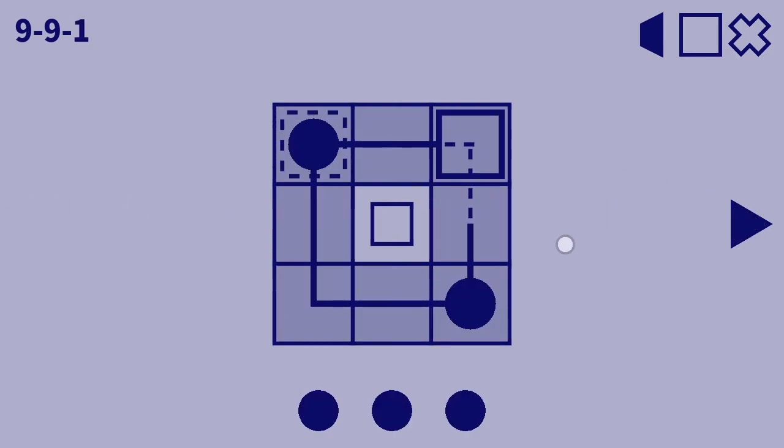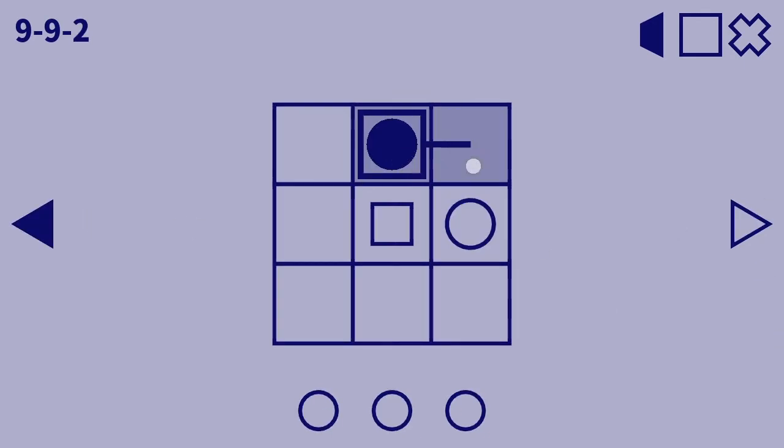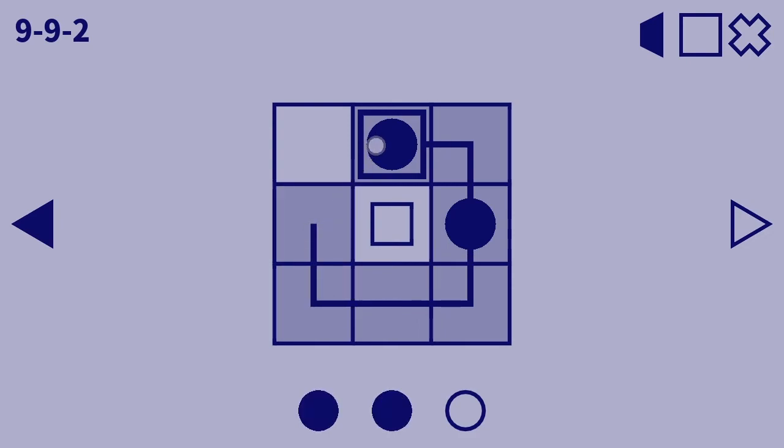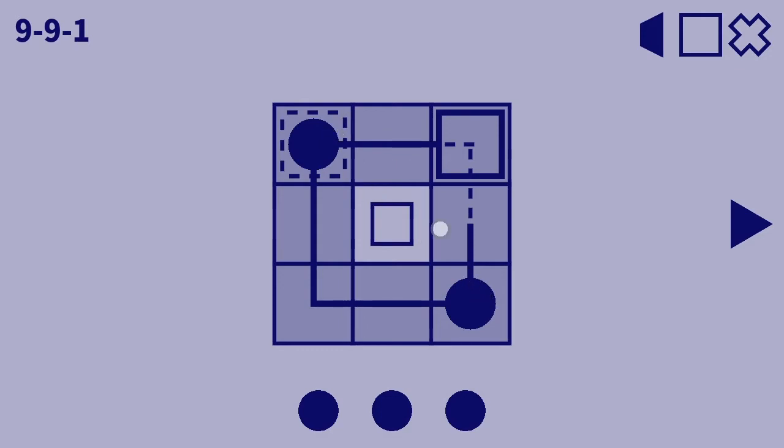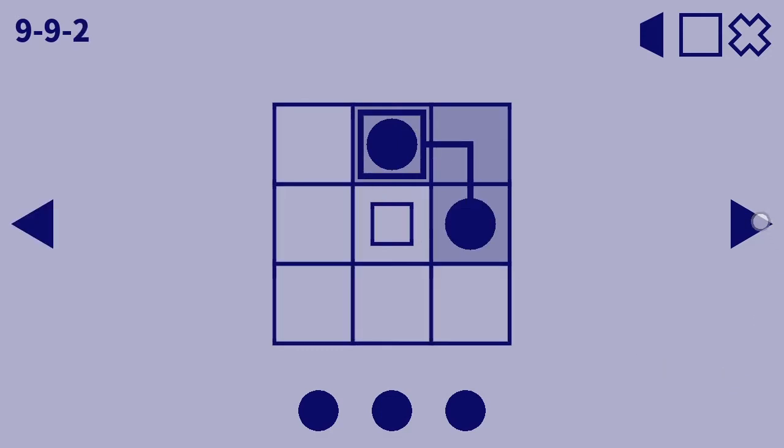One corner. This is more than one corner. If there's two corners, it starts to fail. One corner, two corners. And all that's changed is the positioning of the two circles.